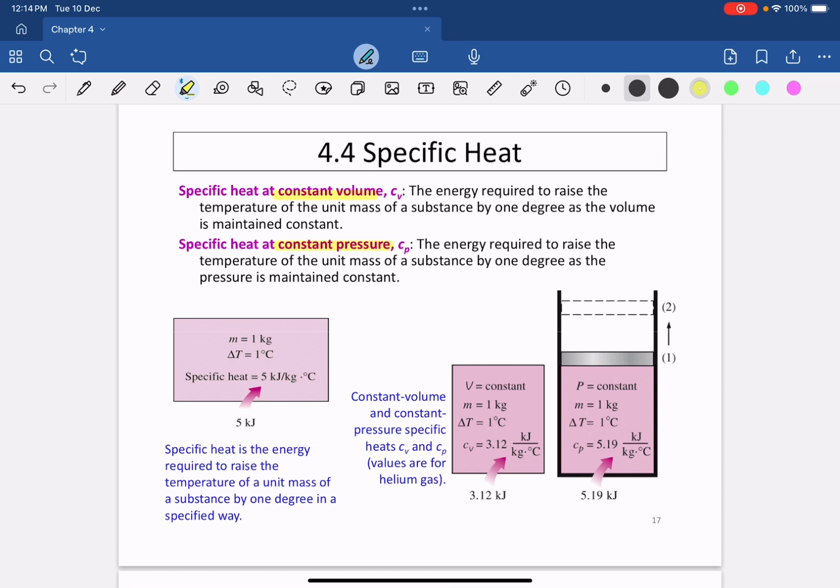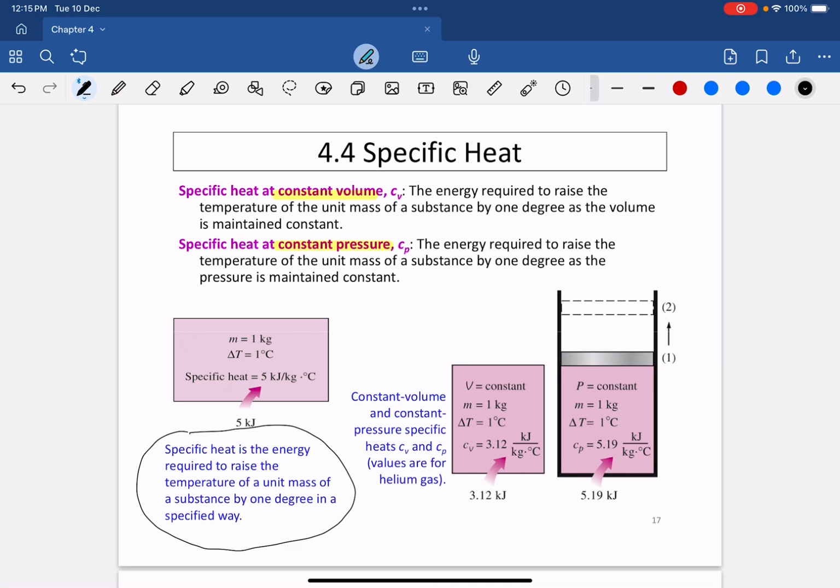So this is how specific heat is defined. It tells you how much energy is required to raise the temperature of a substance, where the substance is 1 kilogram and the increment in temperature is 1 degree Celsius or 1 Kelvin.